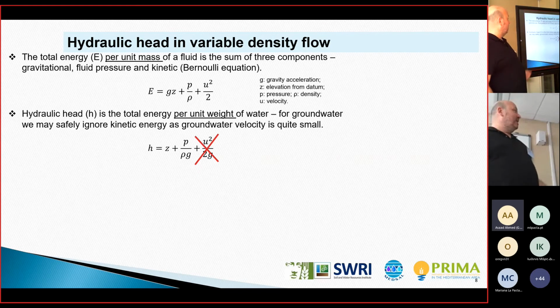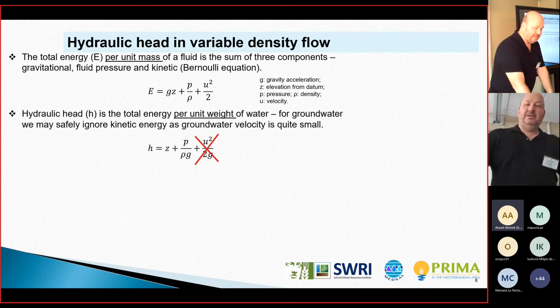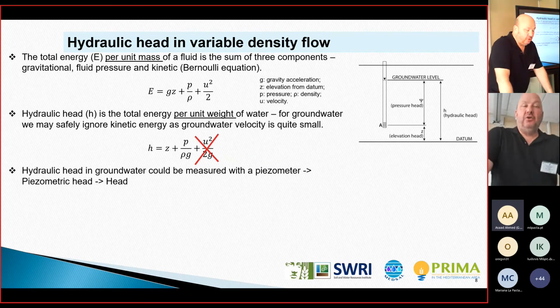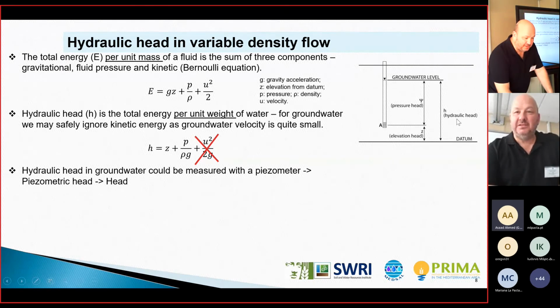So we have only Z and pressure with density and gravity acceleration. So the hydraulic head could be measured with a piezometer, as we can see here in this figure. This is a piezometer in groundwater, and the hydraulic head is the sum of elevation head and the pressure head, as we call this ratio here.